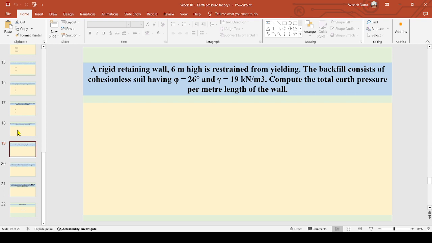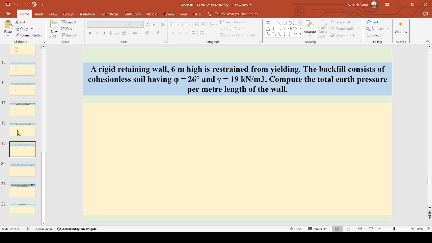So the wall is 6 meter high. The wall supports the backfill cohesionless soil. Phi equals to angle of friction equals 26 degree and gamma, that is the unit weight is 19 kilonewton per meter cube. Compute the total earth pressure per meter length of the wall.